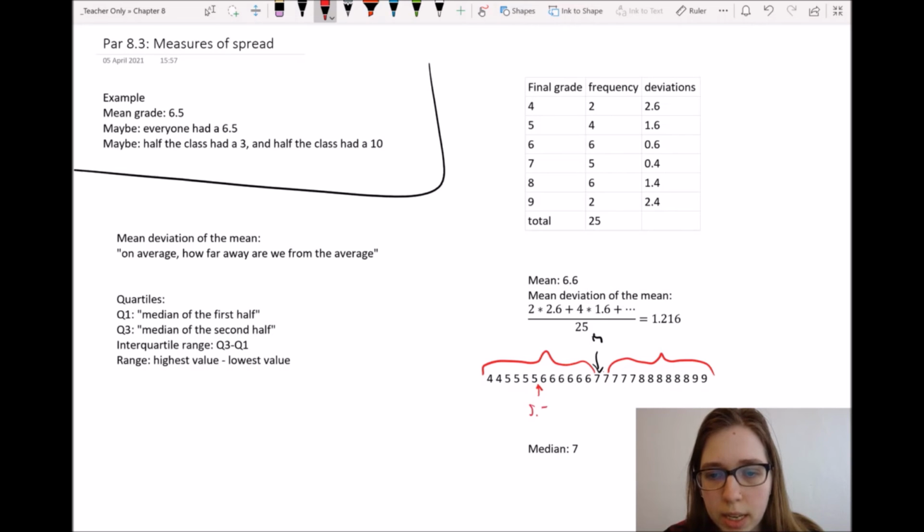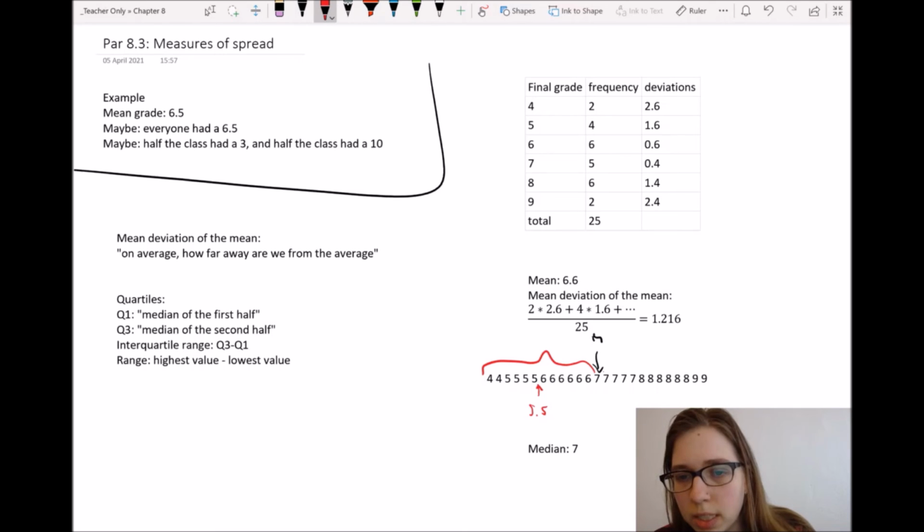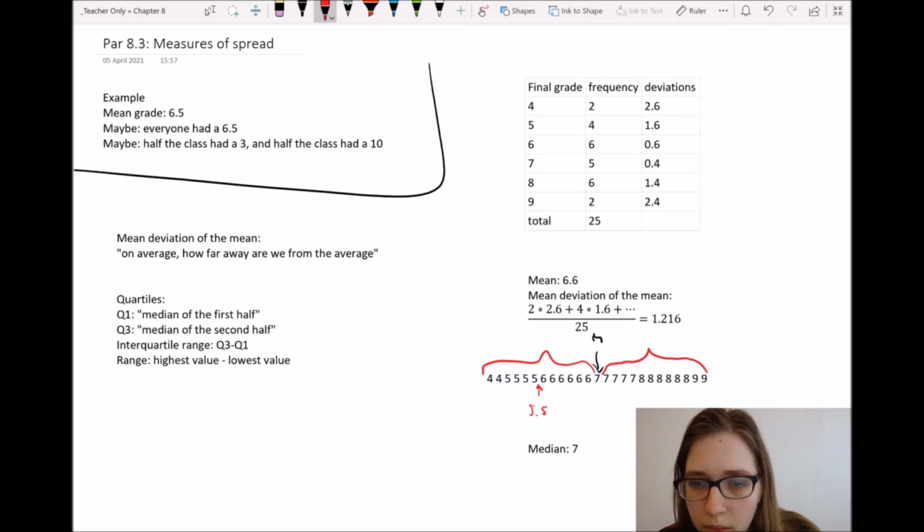So I would actually say that's 5.5 because it's in between 5 and 6. In the second one, where I have not drawn this very well because I do need to take into account that other 7, my third quartile happens here. So that's, well, between 8 and 8, that's just 8.